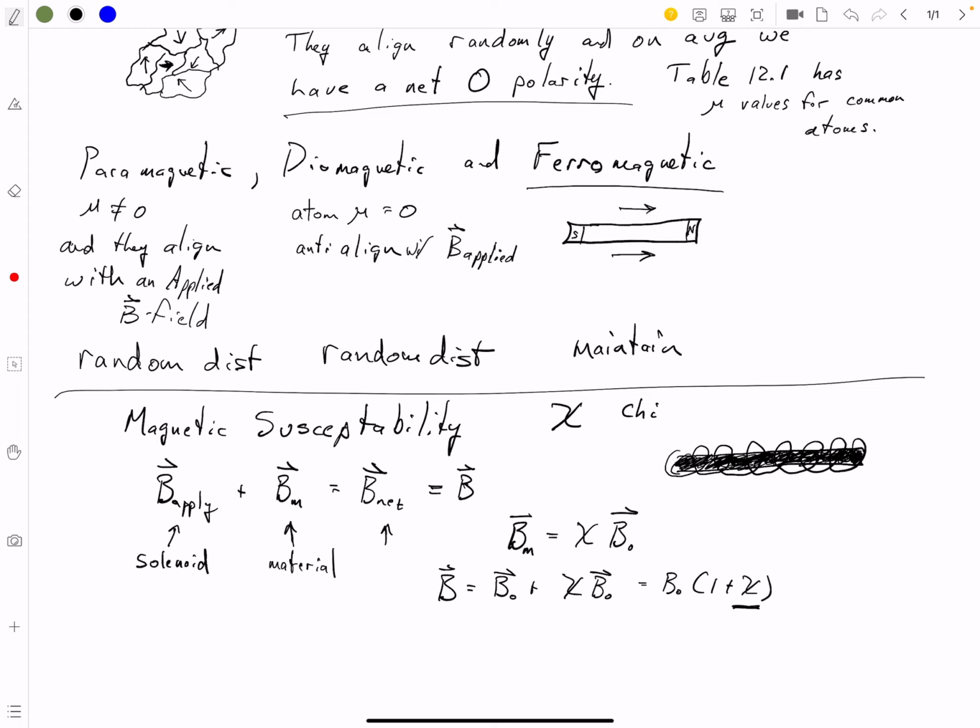Essentially what we're doing is, by adding some material inside the solenoid, we are increasing the B field that we would have normally had, by 1 plus chi. So whatever chi is adds to 1 and multiplies by our B field to give us this B net. So we are getting a stronger B field by putting a material on the inside of the solenoid.